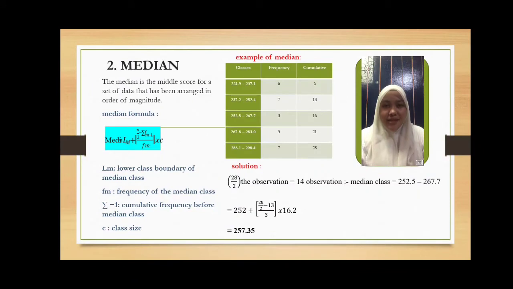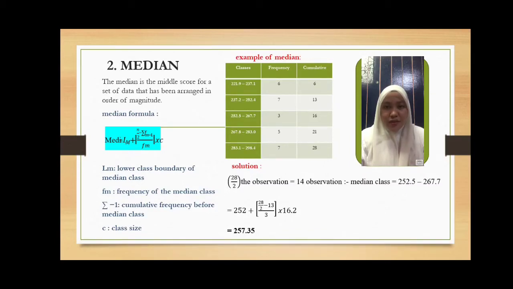Median. Median is the middle score for a set of data that has been arranged in order of magnitude. There are 5 steps to find the median. First, we need to determine the location of the median class. Next, we need to find the lower class boundary.